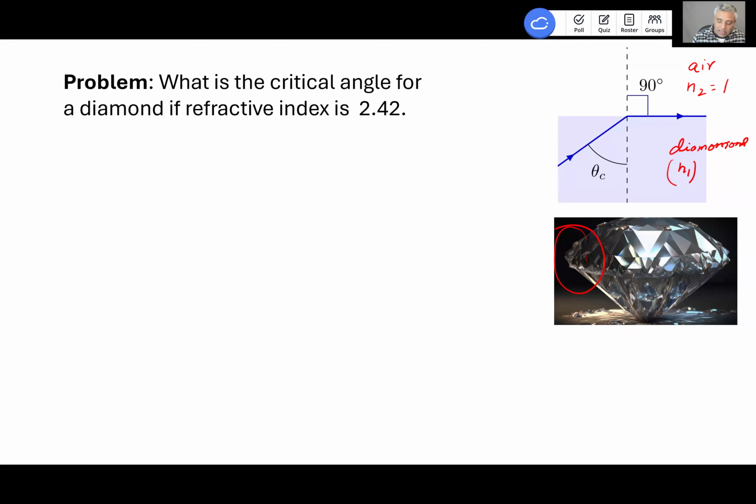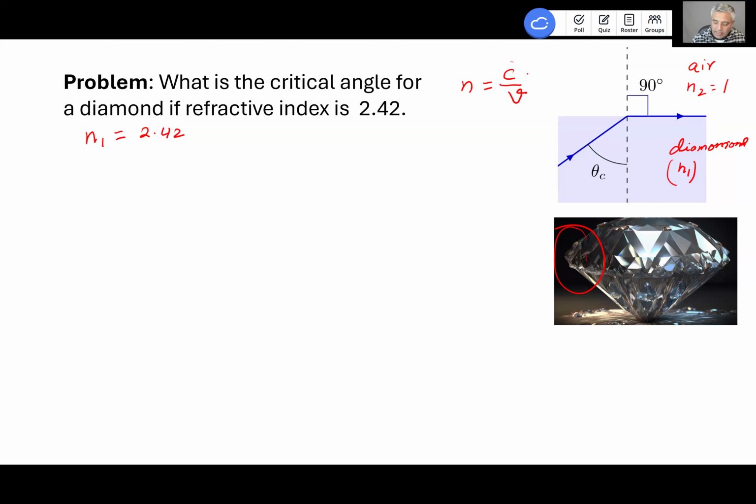Okay, so what we can do is we can write the equation. In this case refractive index 1 is given, which is 2.42, and refractive index doesn't have a unit. Remember, refractive index is the ratio of speed of light in vacuum divided by speed of light in medium.